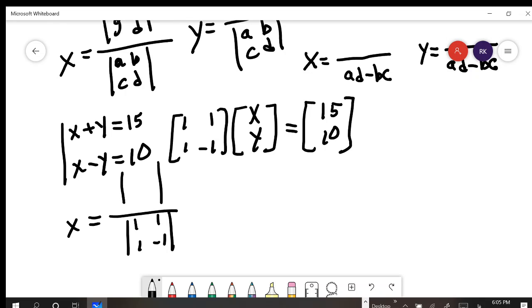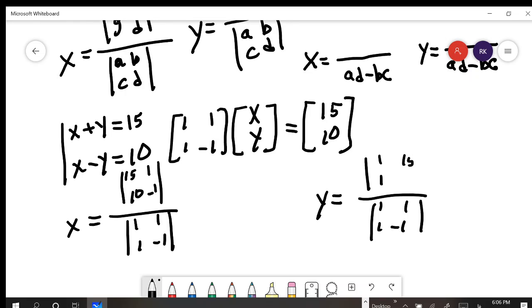Since we want to find x, we replace the first column by 15 and 10 in the numerator, and the other column remains the same. And then y equals: the denominator is the same, 1, 1, 1, negative 1. And the numerator, we replace the second column by these numbers, so it would be 1, 1, 15, 10.